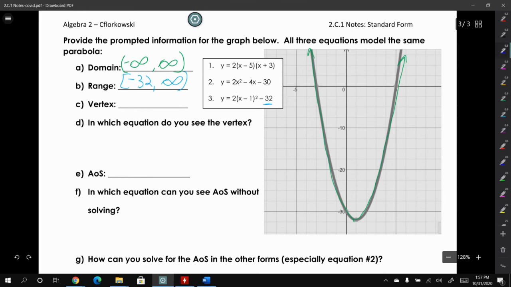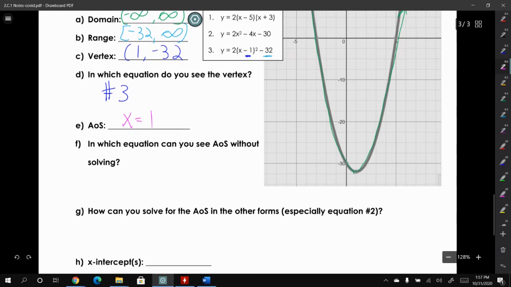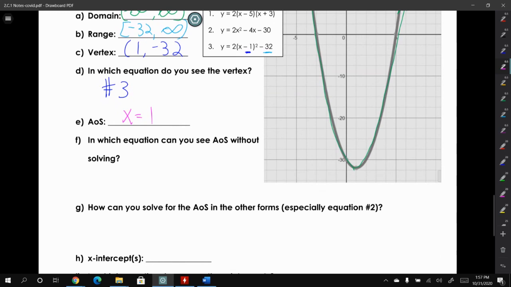Our vertex can be found from equation 3, and it is (1, -32). In what equation did you see the vertex? That was number 3. Our axis of symmetry, that is the x coordinate of the vertex, so that'll be x equals 1. Then in what equation can you see the axis of symmetry without solving? That was also number 3.